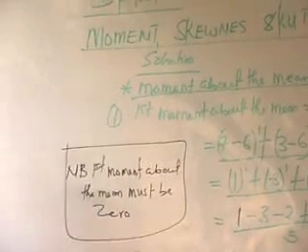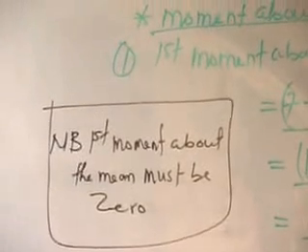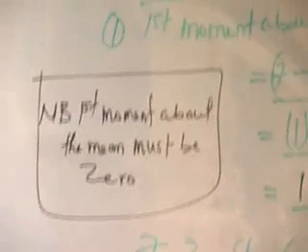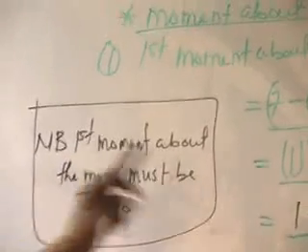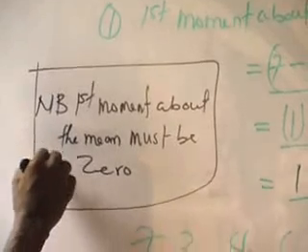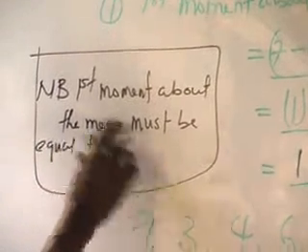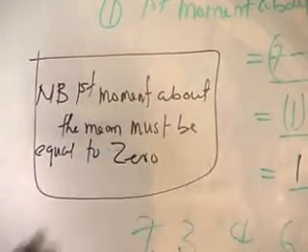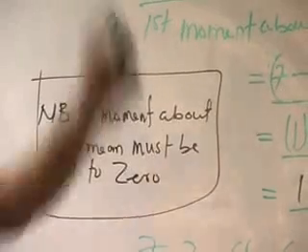Take note of this, everybody, because anybody can ask you an objective question on which moment about the mean is always equal to 0. First moment about the mean must be equal to 0. So anytime, any day, take note of that. Every first moment is always equal to 0.